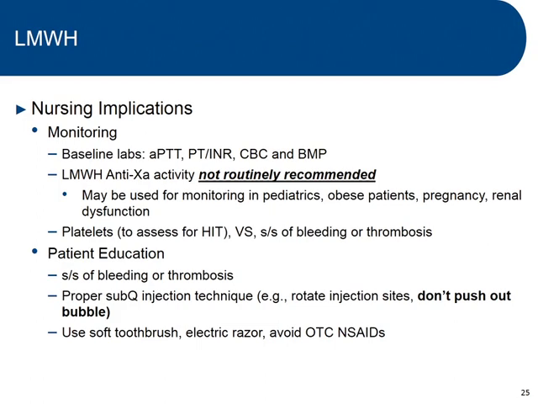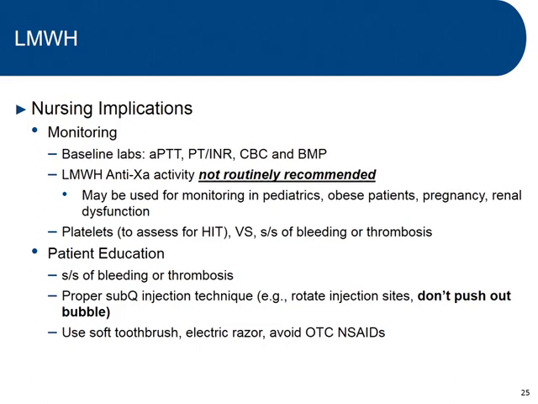So in some cases, for patients with moderate to severe renal dysfunction, if low molecular weight heparin is used, we might also monitor those anti-10A activity levels, just because the drug is not cleared as well in renal dysfunction. But here's the take-home point.